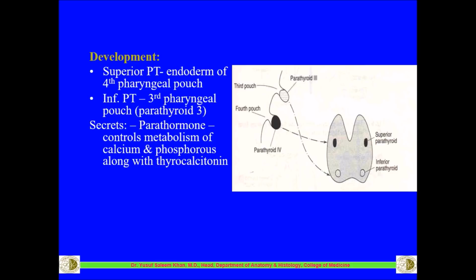So the parathormone and the thyrocalcitonin together help in controlling the level of calcium as well as phosphorus in the blood. The parathormone increases the calcium level, and the thyrocalcitonin decreases the blood calcium level, because it helps in deposition. The parathyroid releases more calcium into the blood, so there will be hypercalcemia.